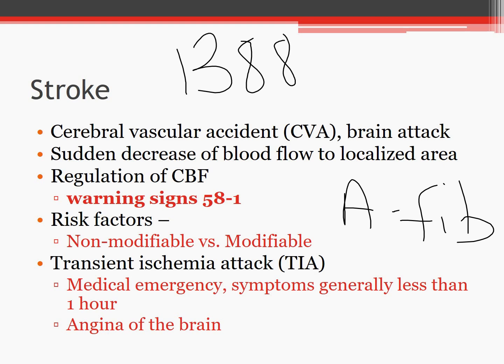And this is just a brief neurological episode where they have some neurological symptoms, but these symptoms typically last less than 1 hour and they resolve. Still, it is considered a medical emergency, and often we call it angina of the brain.